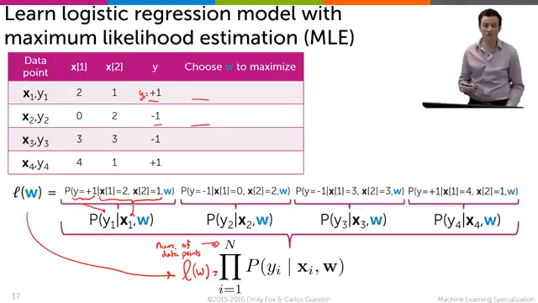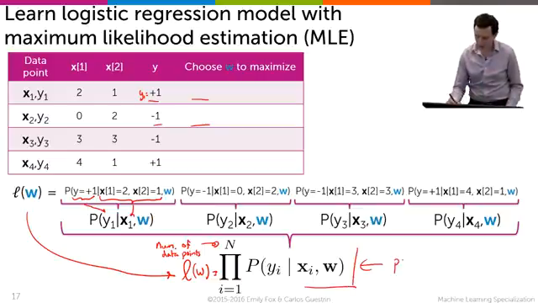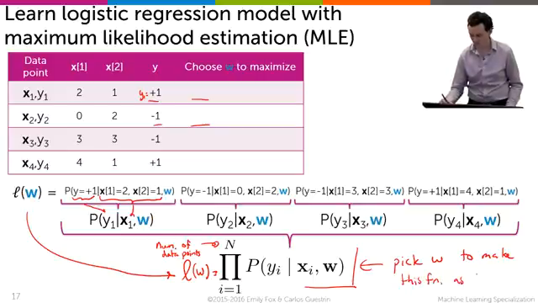This is the likelihood function that we're trying to optimize. So our goal here is to pick w to make this function as large as possible.